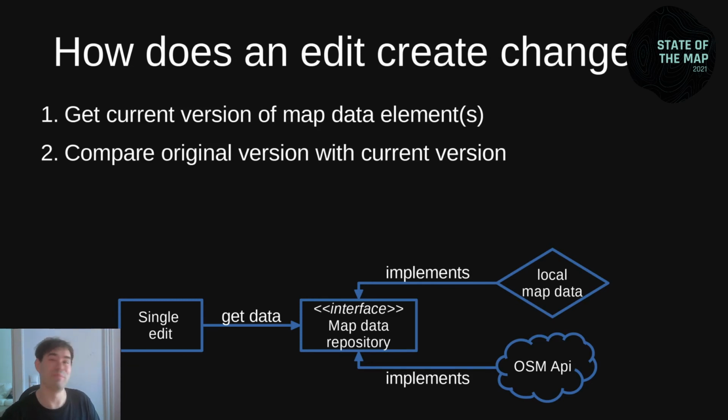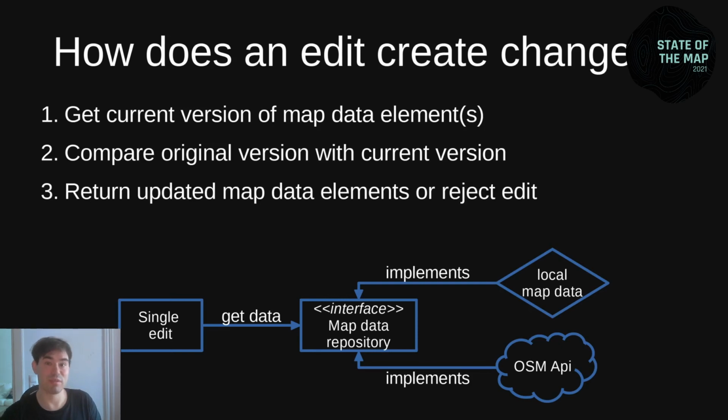Sometimes mappers do something like this. So they reuse nodes and other map data elements for other things. Or for example, if a way has been split, then it should also not be applied. Yeah, and finally, after deciding whether to reject or apply the edit, the only thing the edit does is return the updated elements.